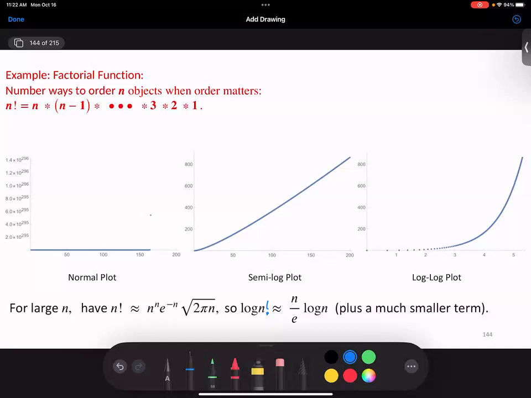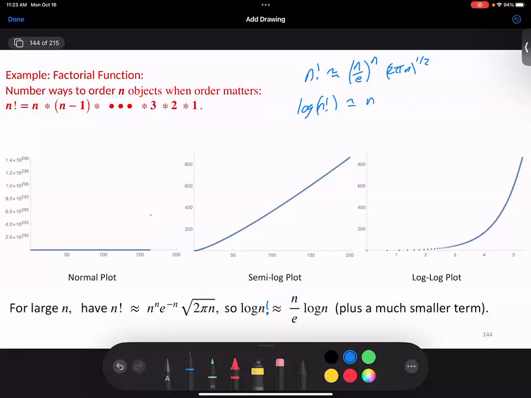Now, yes. So should it not be log n factorial is approximately n times log n over e instead of n over e times log n? Did I make a mistake? Let's see. So n factorial is approximately n over e to the n times 2 pi n to the 1/2. So I take the log of n factorial.